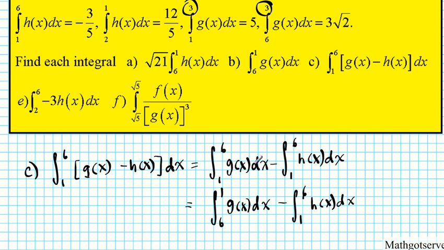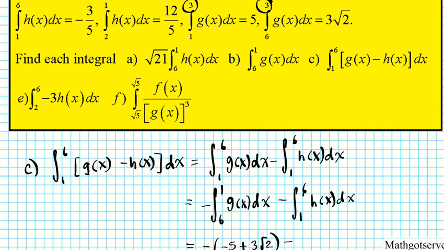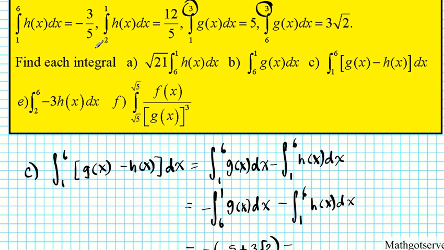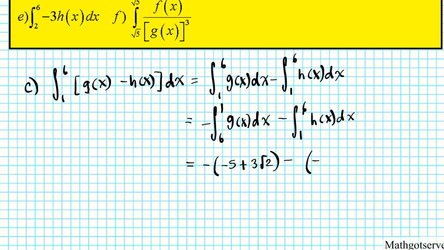Now, what did I do with the first integral? I switched the order, so I have to introduce a minus using the order of integration rule. So, remember our answer from option B, you can look at your notes, is we got negative 5 plus 3 over 2. Put that in there. Minus, and this one is given to us, 1 to 6 of h of x is negative 3 over 5, so parentheses negative 3 over 5.